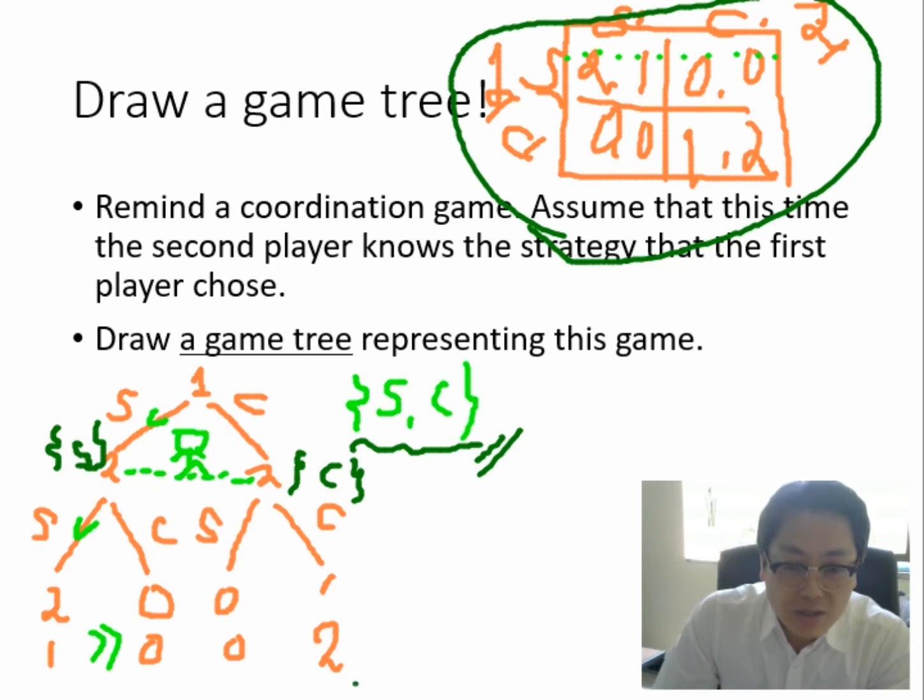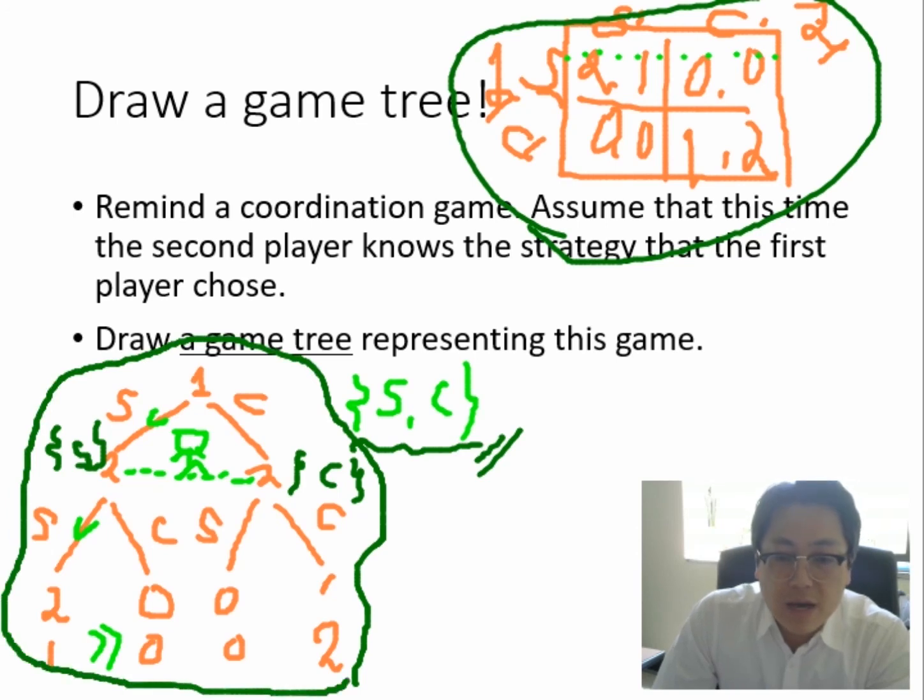Look at this normal form game: even though the first player is playing the game, when the second player tries to play his or her action, he or she doesn't know what the first player played. So this is exactly what this game is describing.